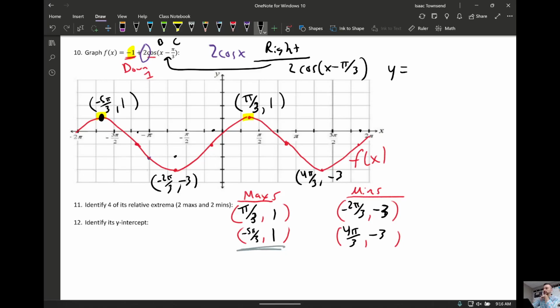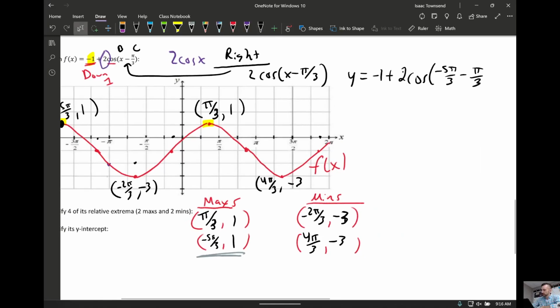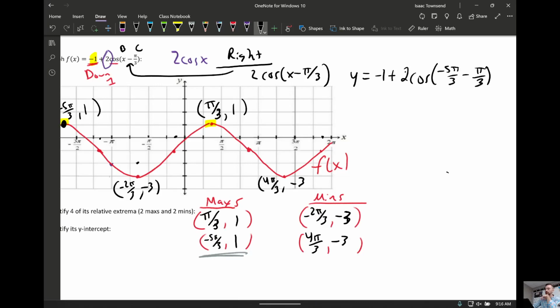If I plug this x value in for x, I'm hoping that it gives me a y value of 2, because that's what I'm saying with this answer.